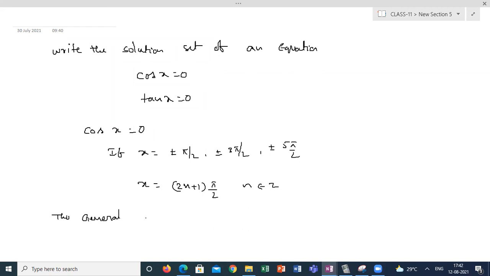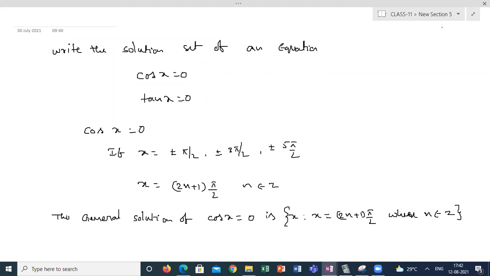The general solution of cos x is equal to 0 is x such that x is equal to (2n plus 1) pi by 2, where n belongs to an integer.